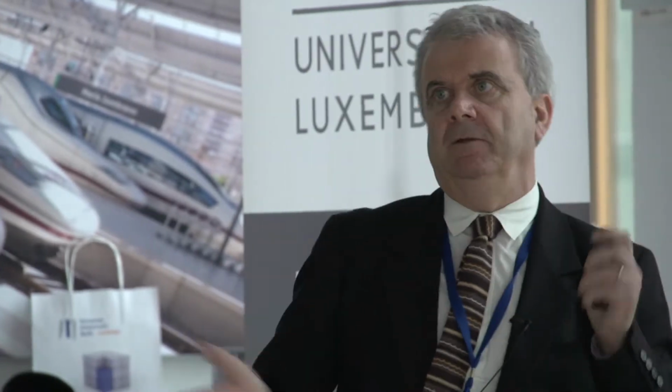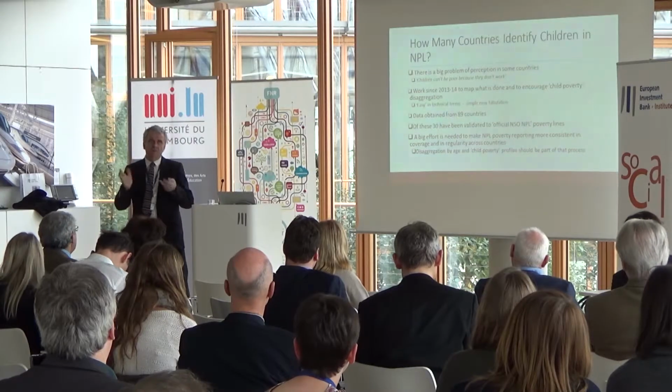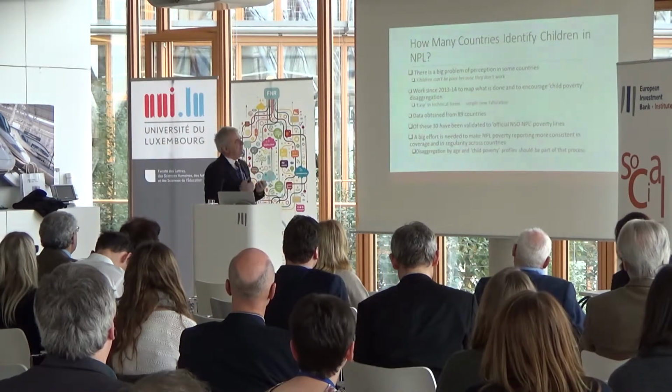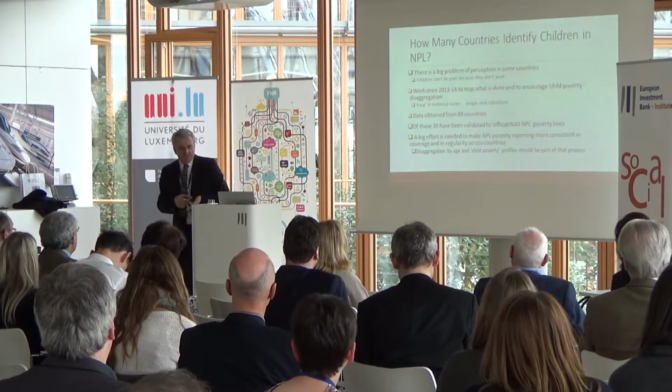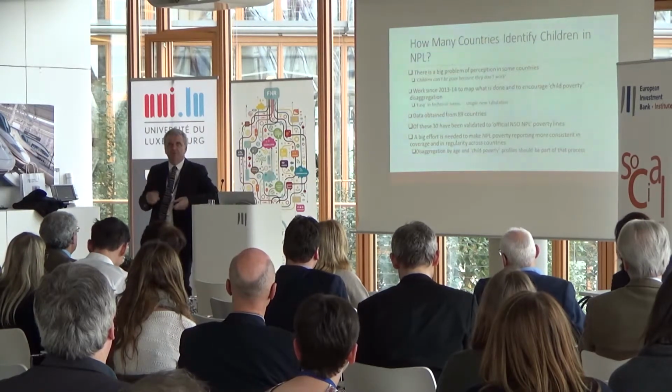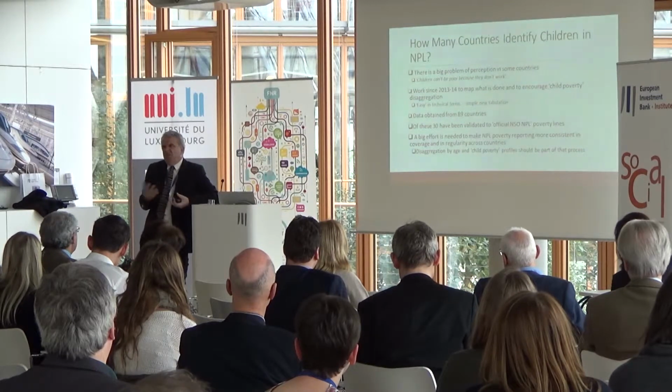So this is all about the political prioritization of poverty in the policy agenda and in the reporting. Now, if we then look at how many identify children when they look at national poverty, the situation is even less certain. Sometimes there's a big problem of perception. I can count on my hands the number of times I've been in developing countries where they said, children can't be poor, they don't work.